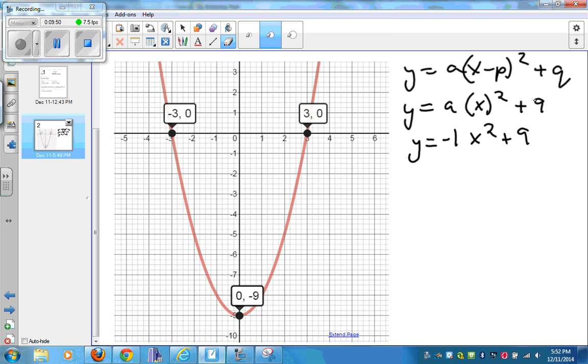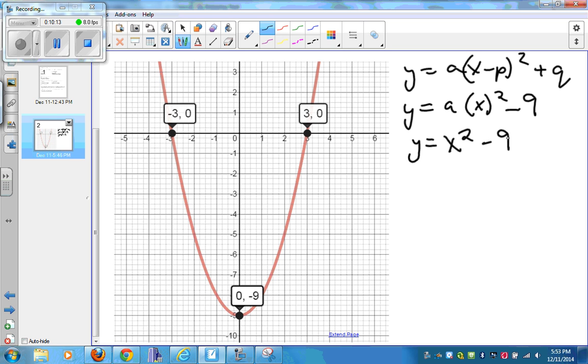This should have been -9. My q is -9, but I wrote the wrong sign, there we go. So if we put 3 here, 3 squared minus 9, sub in the point, 0. a times 9 minus 9 equals 0. a has to be 1. So the equation of my parabola is x squared minus 9.